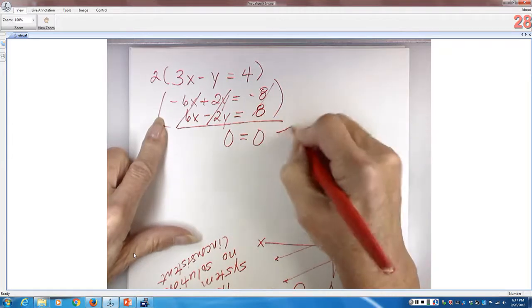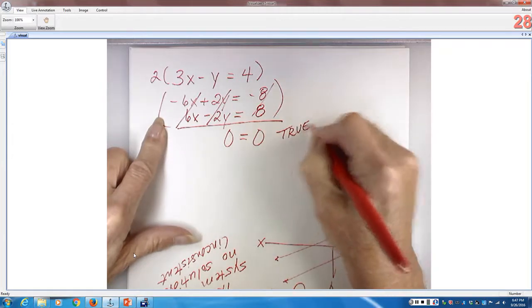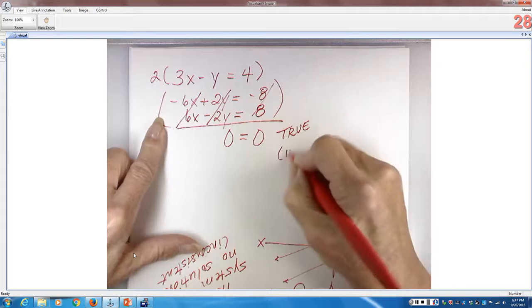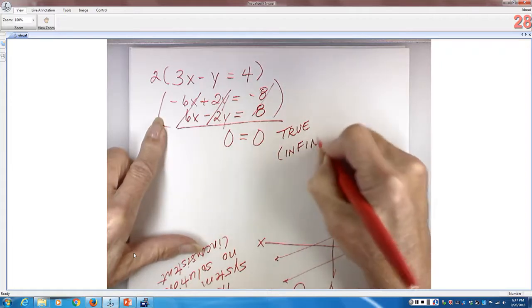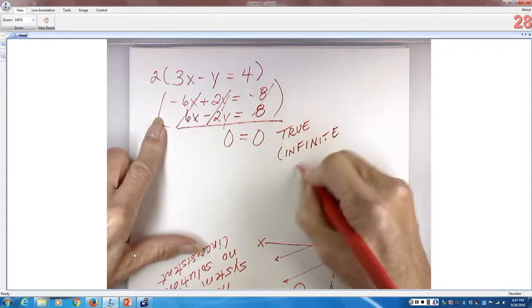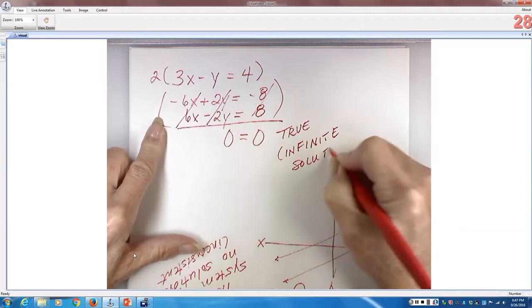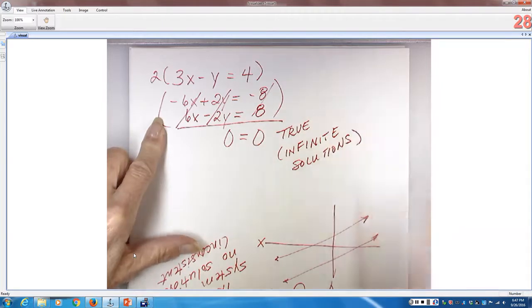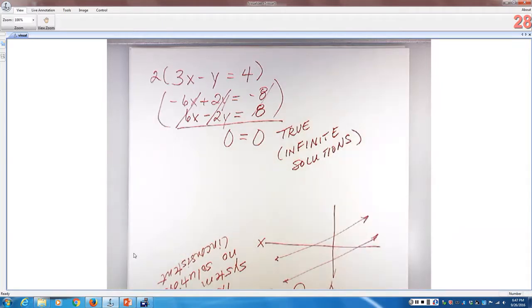And that's true. So you have infinite solutions. It's because this is a true statement and the other one is not true. If it's not a true statement, there is no solution. If it is a true statement but you have no variables left, that's an infinite number of solutions.